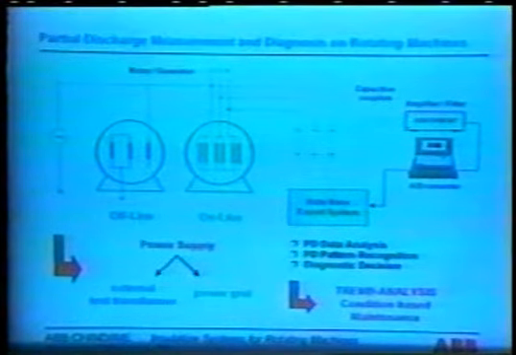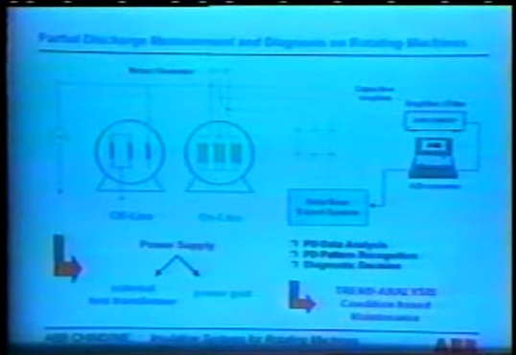We can measure these partial discharges and use these discharges very efficiently for getting information about the stator winding insulation condition. The measurement itself can be performed in two different ways. We usually have offline testing for partial discharge measurement and online testing.